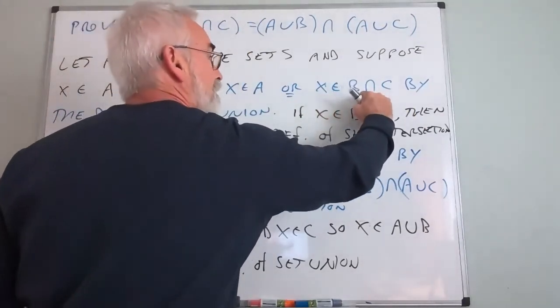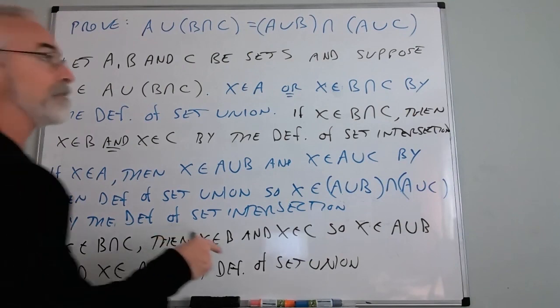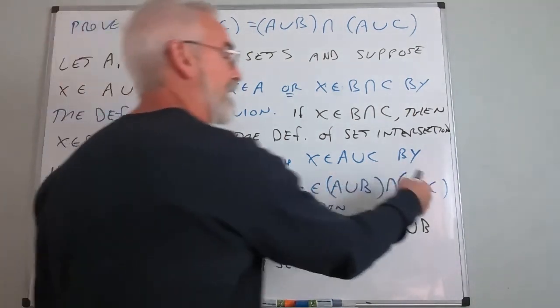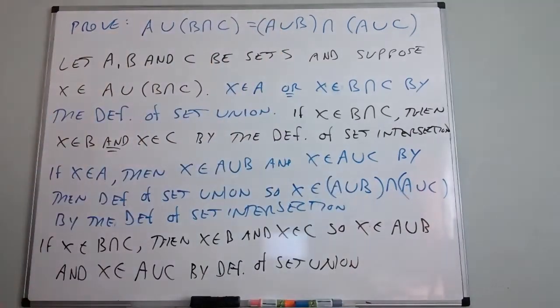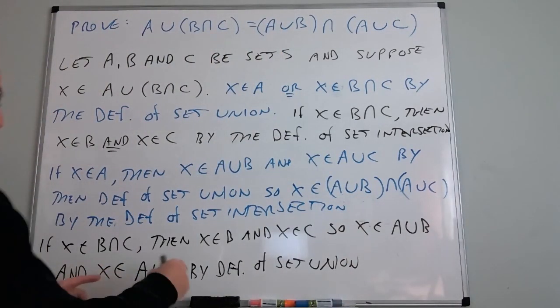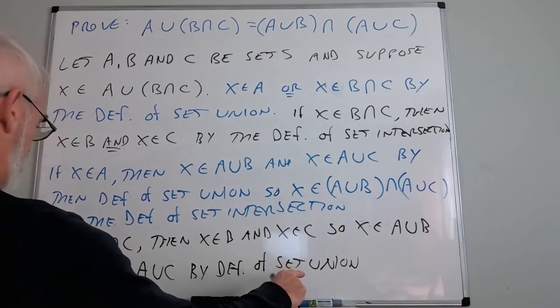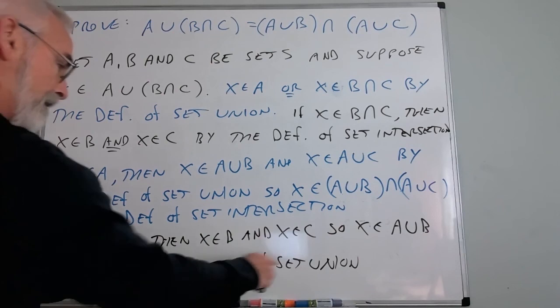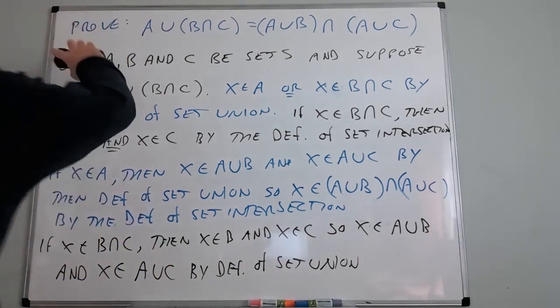So if X is in the intersection of B and C, then X is in both B and C. Therefore, X is in A union B because X is in B. X is in A union C because X is in C. So therefore, X is also in the intersection. Okay, I'm going to go back to the top, sorry.